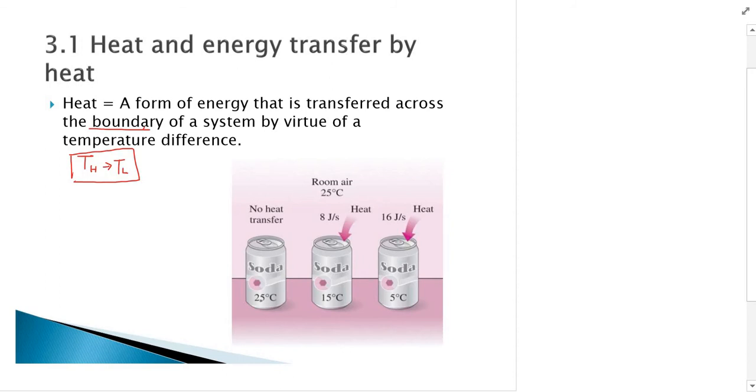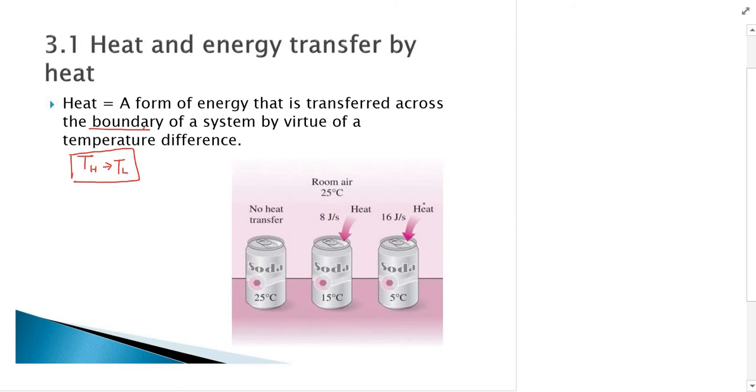If you look at the first soda can, where you have equal temperature of soda can and also the ambient room temperature, that means there is no heat transfer. While for the second soda can, if the initial temperature is 15 degrees Celsius, you will need to input 8 joule per second of heat, okay, to warm up this soda can up to 25 degrees Celsius.